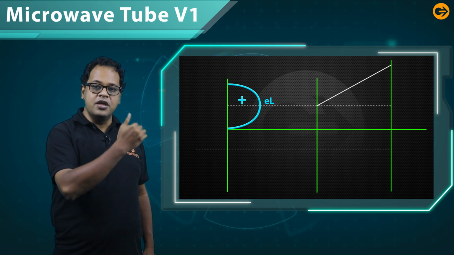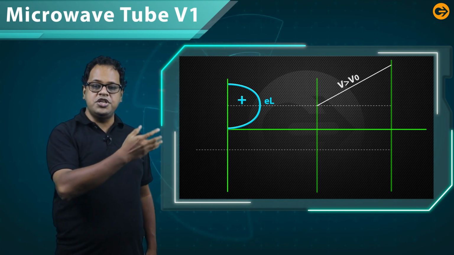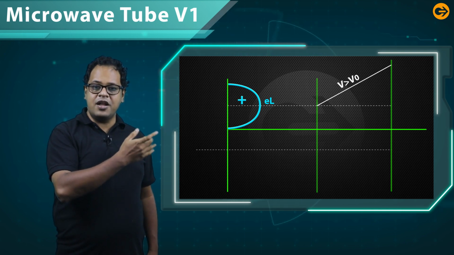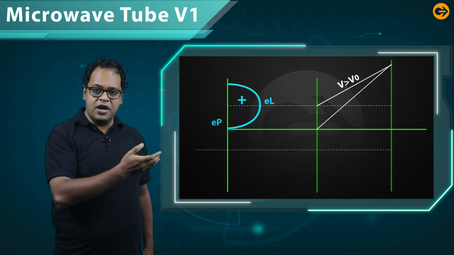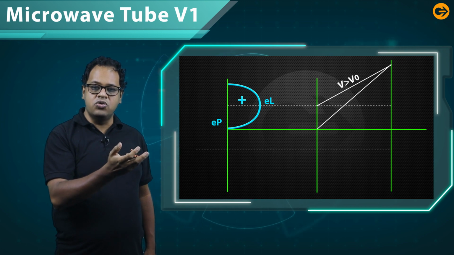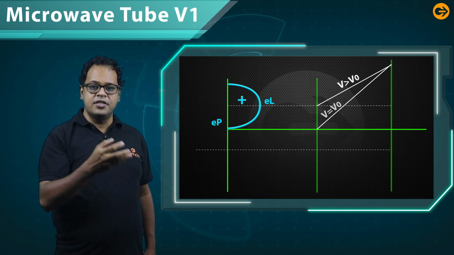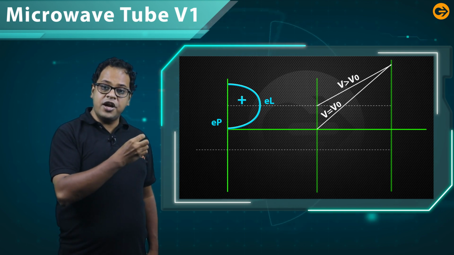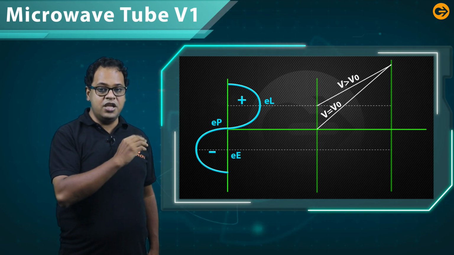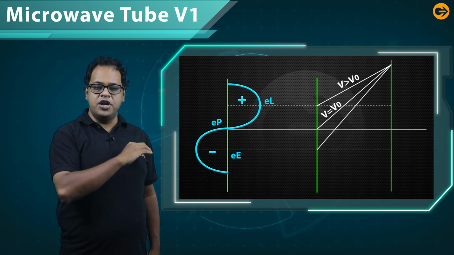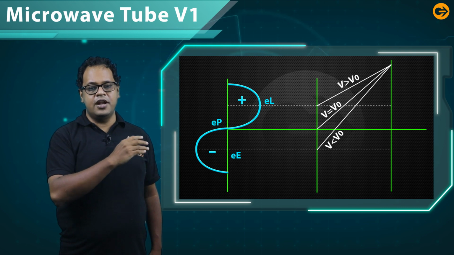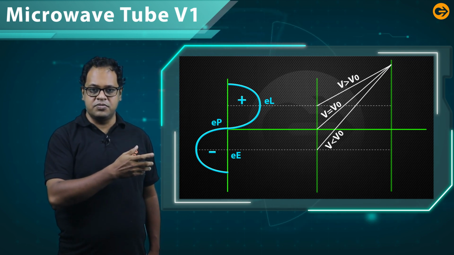That means V is greater than V naught, which is the reference voltage. Whenever the electron is E_P, that means at the origin, here the velocity is equal to the reference voltage. That means V is equal to V naught. Also, when the electron is E_E, the electron velocity is reduced. That means V is less than V naught, that means less than the reference voltage.